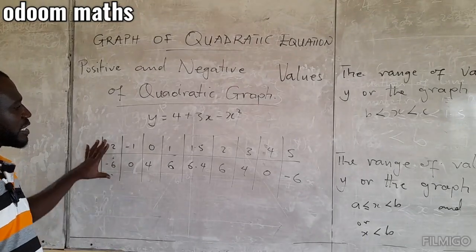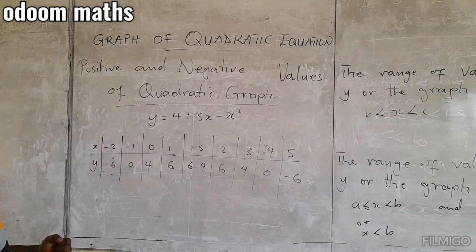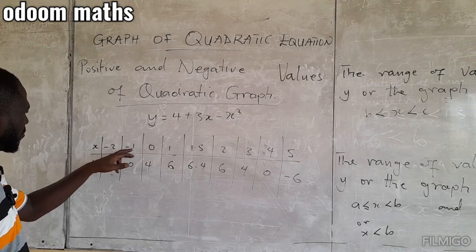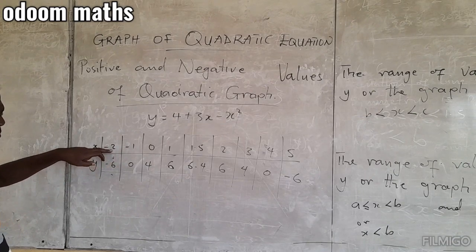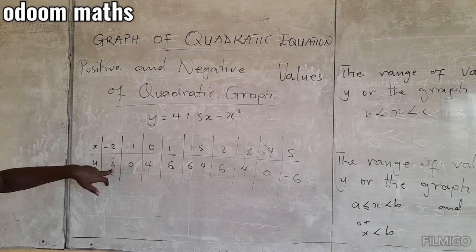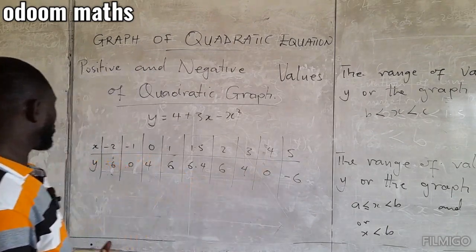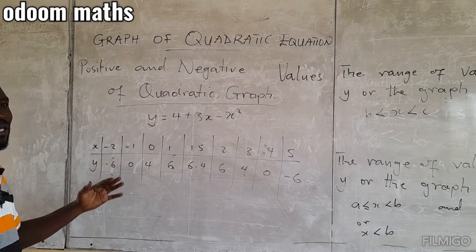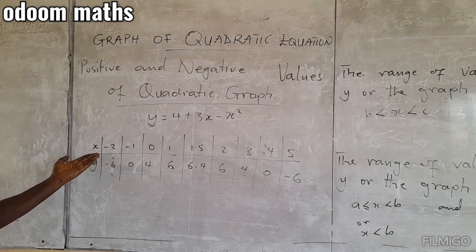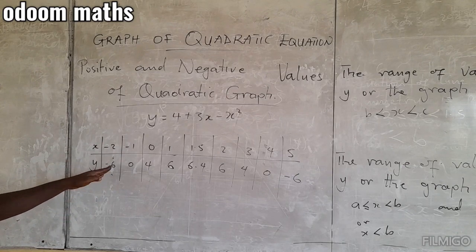Okay, so we can use the table to answer the positive and negative question. So looking at this, between -2 and -1, y is negative. Then 5 too, y is negative. So if we are asked to find the values of x that make y negative, that is x less than -1, because from here, between this, y is negative.